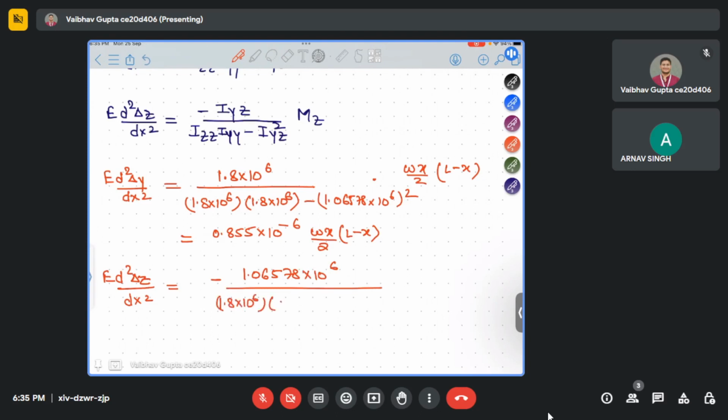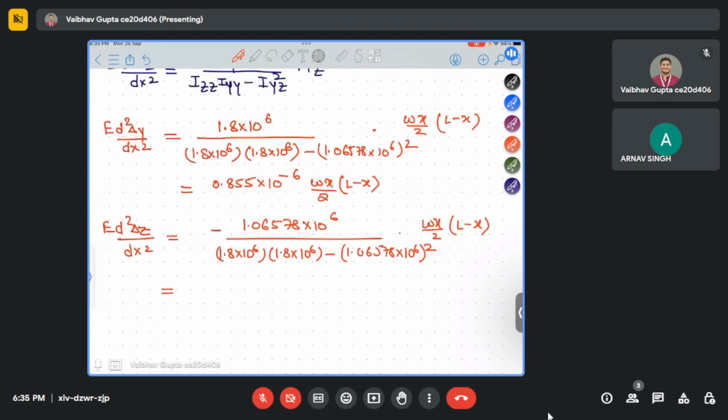Till now you understood everything, no? If any doubt, tell me, I'll repeat. After calculating, you will get minus 0.5065 into 10 to the power minus 6 Wx by 2 into (L minus x).